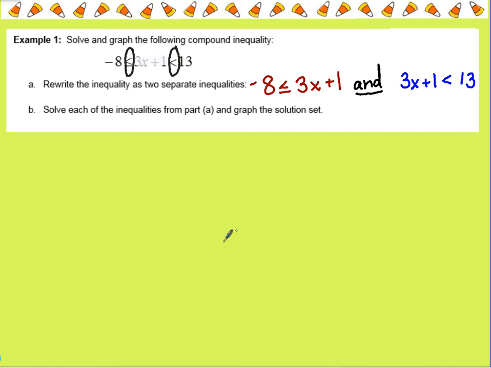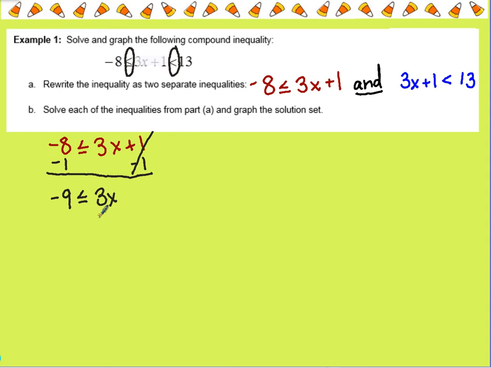Now that you have broken it down into two inequalities, you can solve each of them and graph the solution set. So I'm going to rewrite this one here. And my goal is to solve for x, just like I would with an equation. So let's minus 1 from both sides. Negative 8 minus 1 is negative 9.